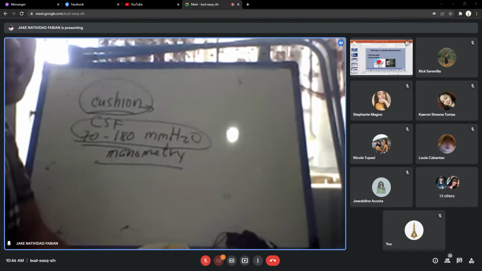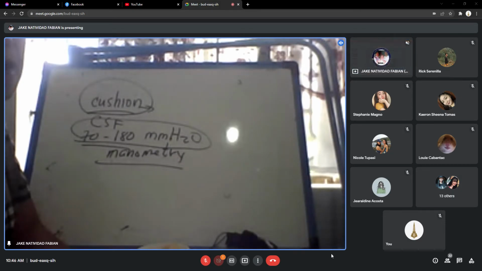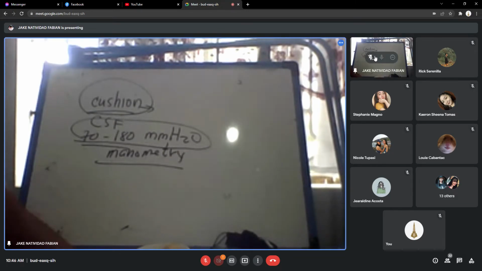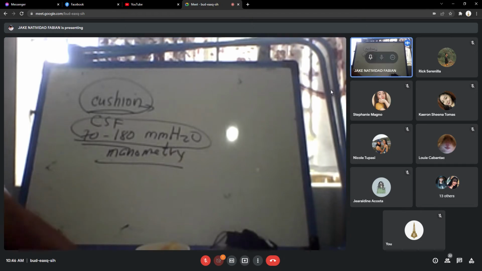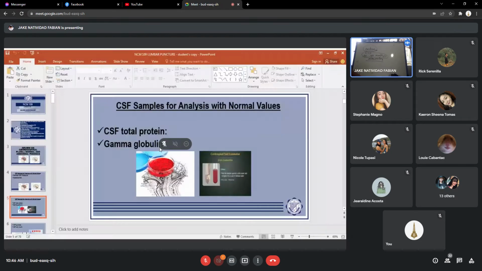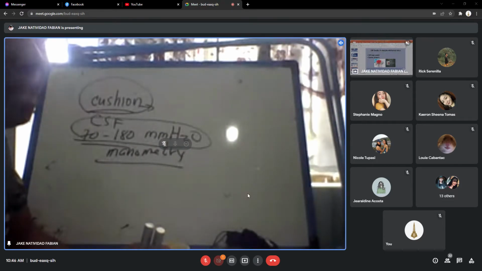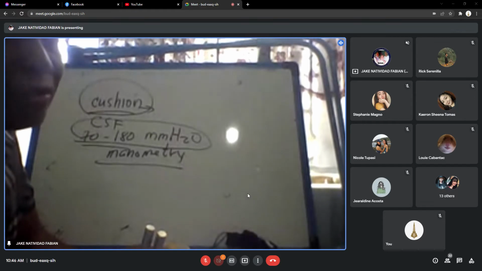Next. The normal CSF total protein is about 20 to 50. Okay, your gamma globulin, the normal gamma globulin, I will tell you later.